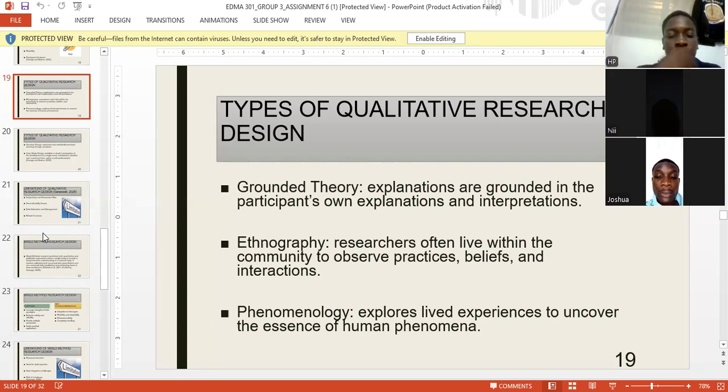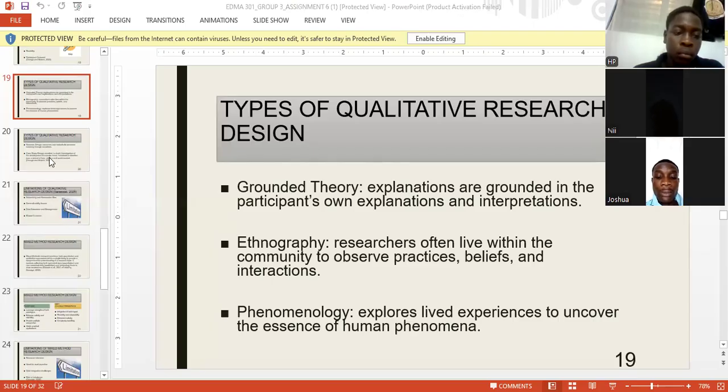And also, we have the ethnography, where the researchers are within the community to observe practices, beliefs, and interactions. We also have the phenomenology, where qualitative research explores life experiences to uncover the essence of human phenomena. I've already talked about that in the previous slide.